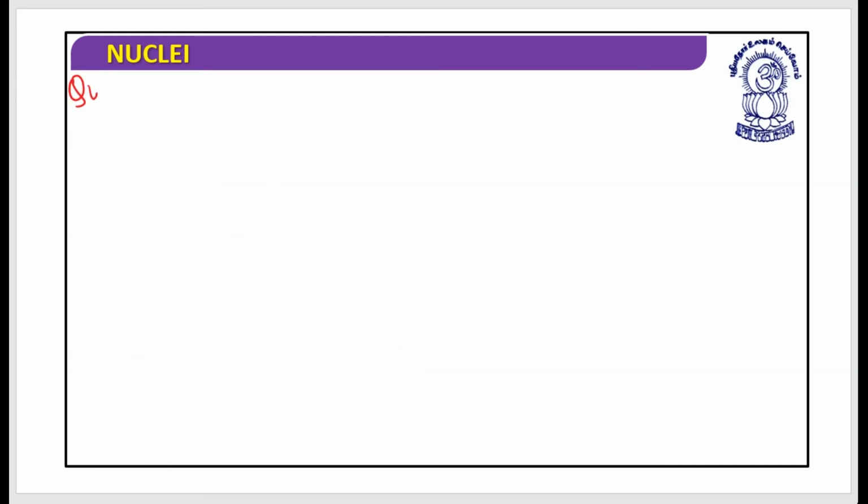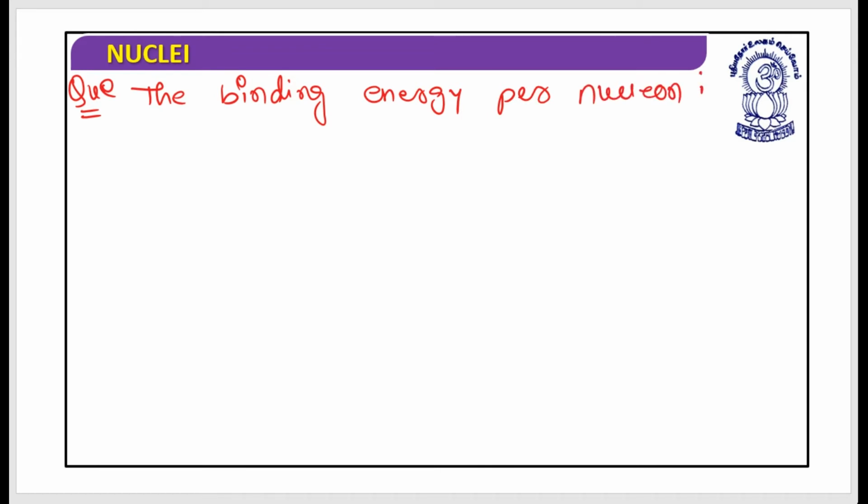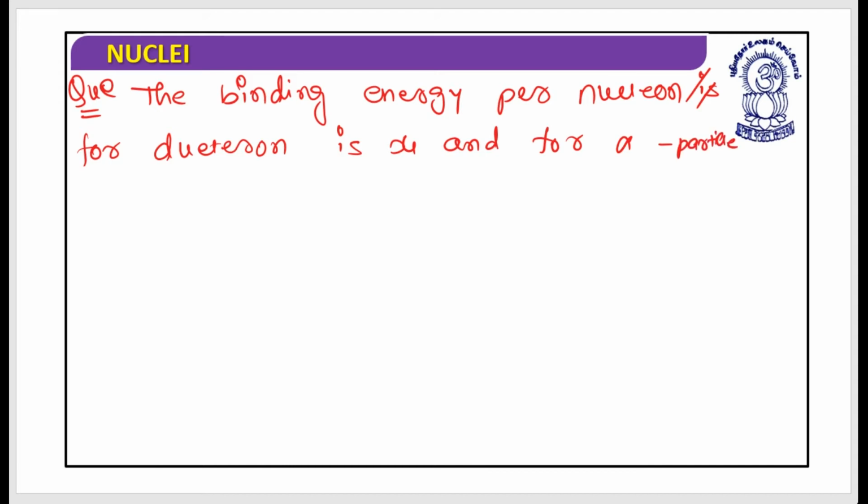Let's look at one more question like this. They said that the binding energy per nucleon for deuteron is x1, and for alpha particle per nucleon is x2.